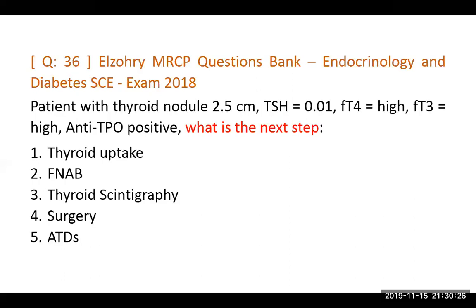For the thyroid nodule, there is no need for thyroid scintigraphy, because even if you do it, this nodule will be a cold nodule, and we must go to the fine needle aspiration biopsy. This is different in some scenarios. In this scenario, the best option is thyroid scintigraphy. If TRAB is positive, the best option is fine needle aspiration biopsy. And this question was presented in the exam.